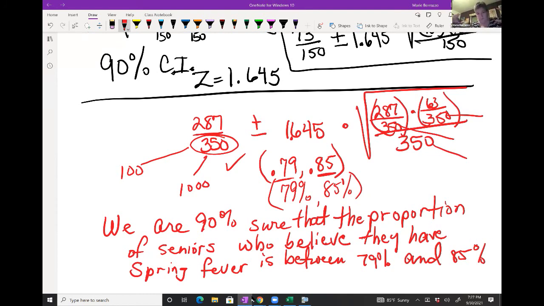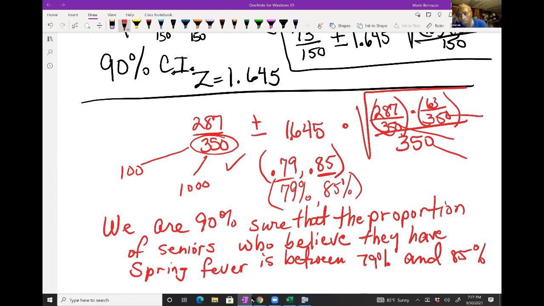Look at the intervals and what happens, how they shrink, how they grow bigger. Here's the analogy: the more information I have, the closer I should be getting to the truth. The closer I'm getting to the truth, the less error I have. Does that make sense?